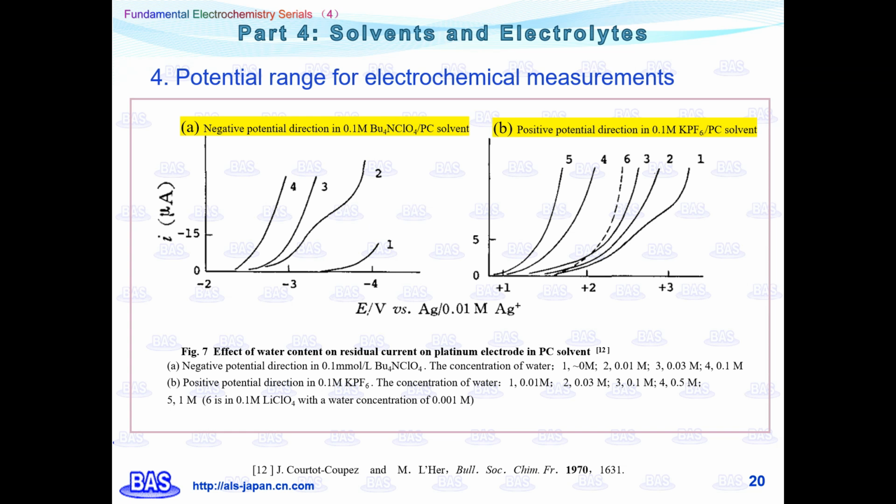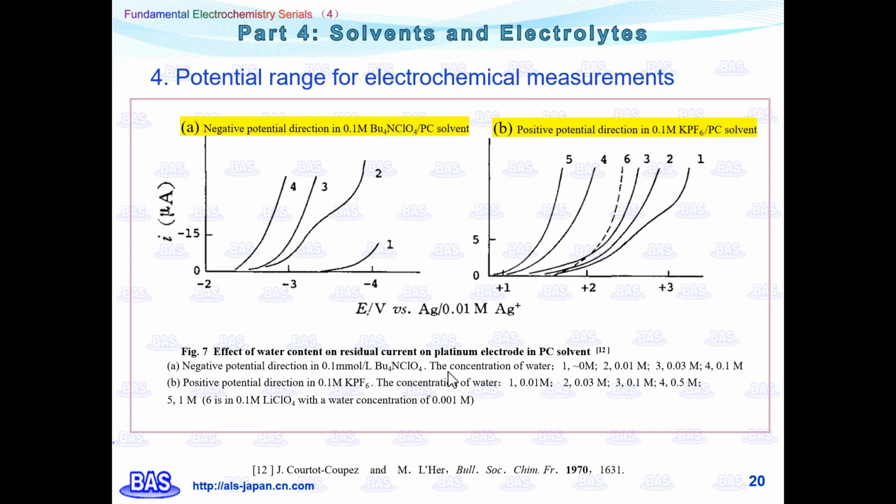However, a characteristic of platinum electrodes is that protonic impurities, like a small amount of water, can have a significant effect on the potential limit. Fig 7 shows the effect of water content on the residual current at the platinum electrode in PC solvent.